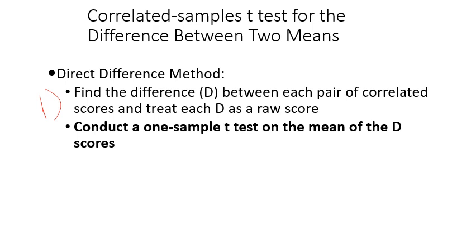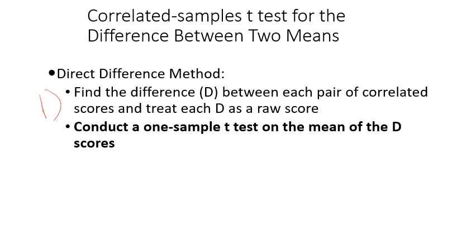The first step would be to take the difference in each pair. So let's say you've got 10 pairs of twins that you had do this. The first thing you would do is take the score of the twin in sample 2, the new painkiller, and subtract the score that twin 1 got on aspirin.